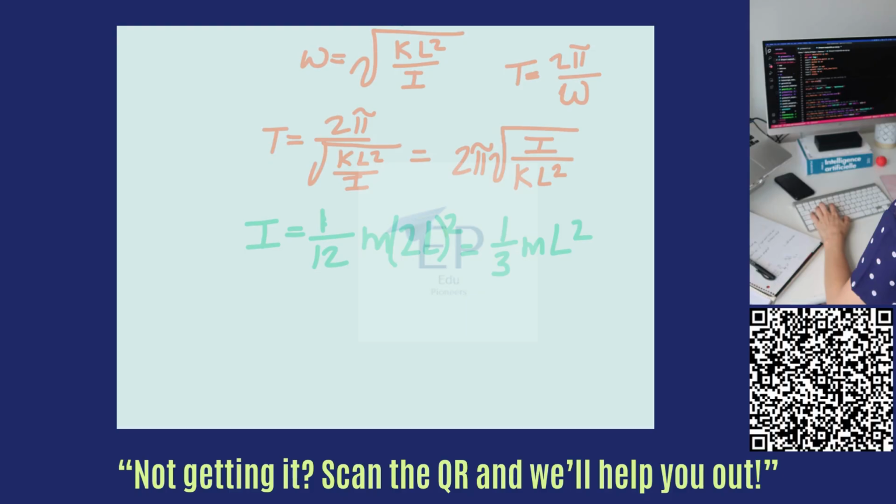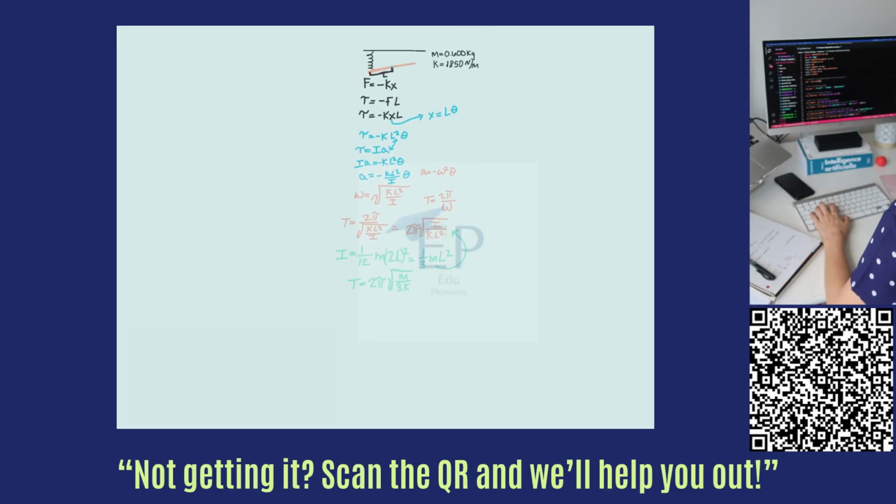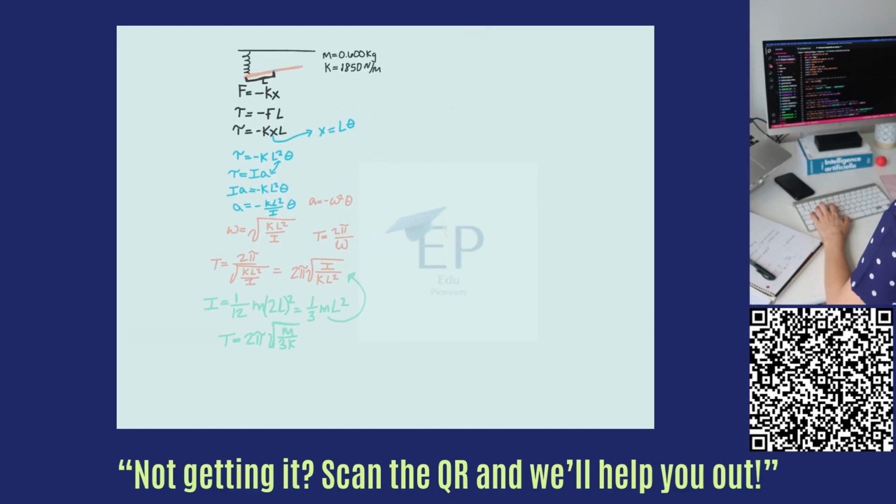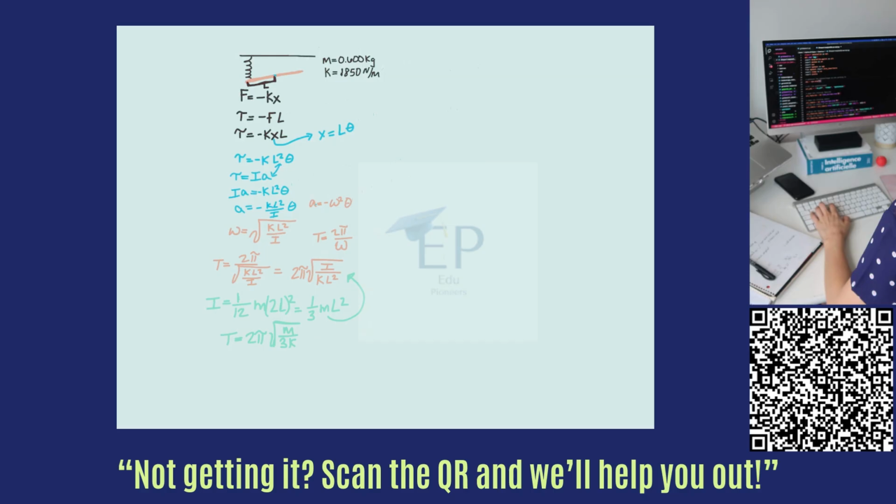So substituting it up into here and simplifying, we get that the period equals 2 pi times the square root of the mass divided by 3 times the spring constant. We have our mass and our spring constant, which were given as knowns in the problem.